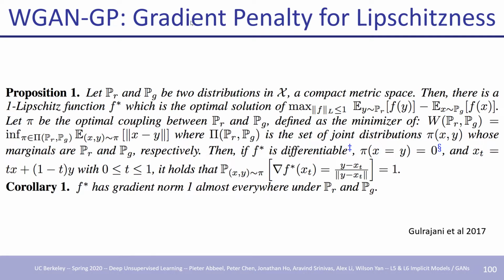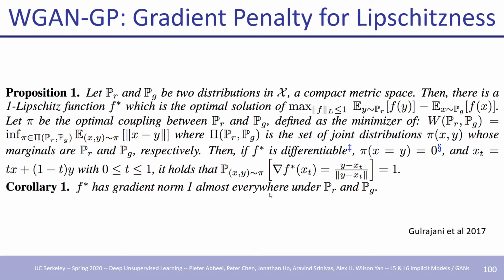The theorem says we have this 1-Lipschitz function, and if we take the norm of the gradient, it must be 1. It's a super complicated way of saying it, but that's the gist of it.